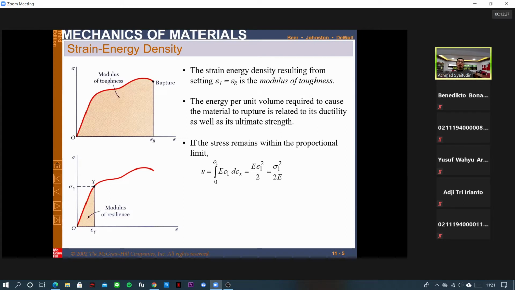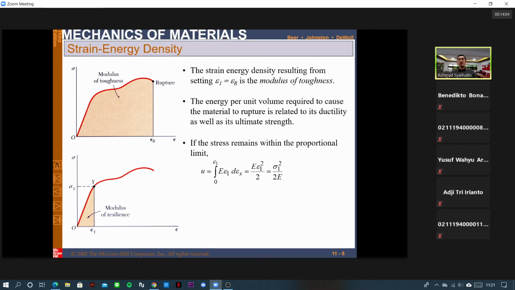As I said before, there are two areas under the curve of stress and strain: the elastic area and the plastic area. If we talk about both the elastic and plastic area, the total integration is equal to the modulus of toughness.